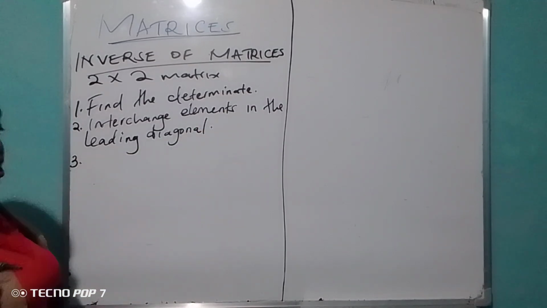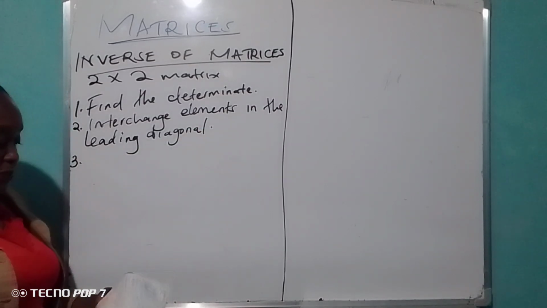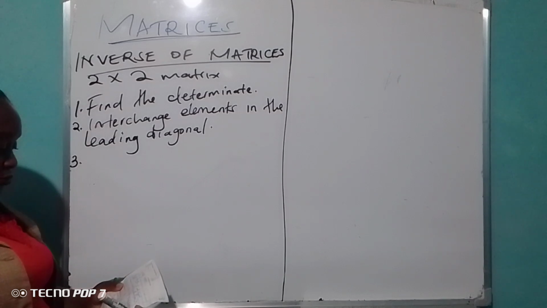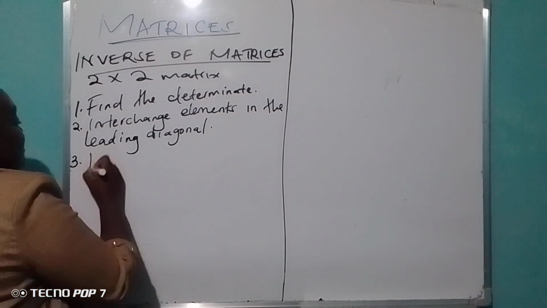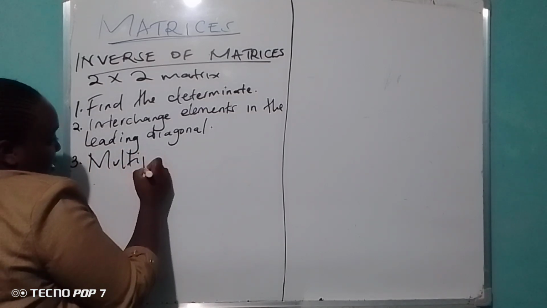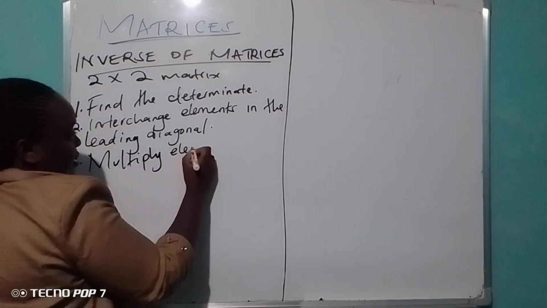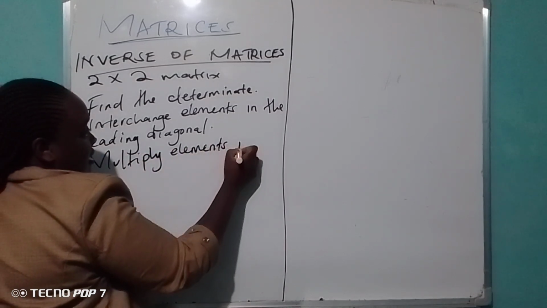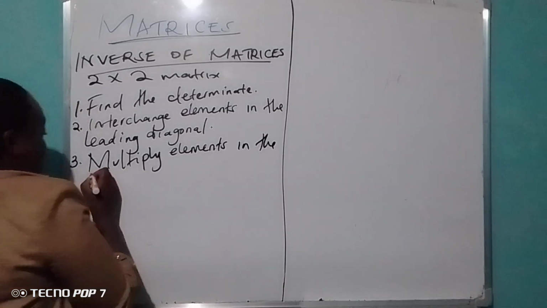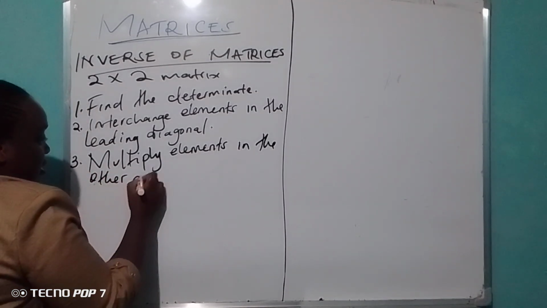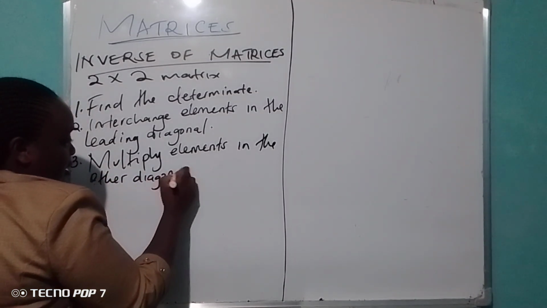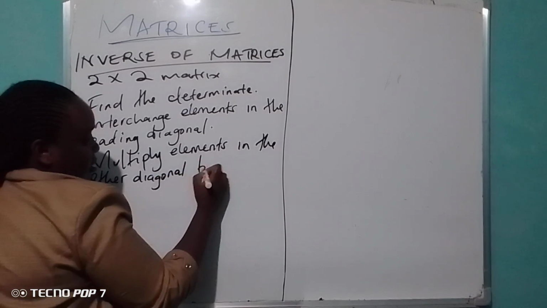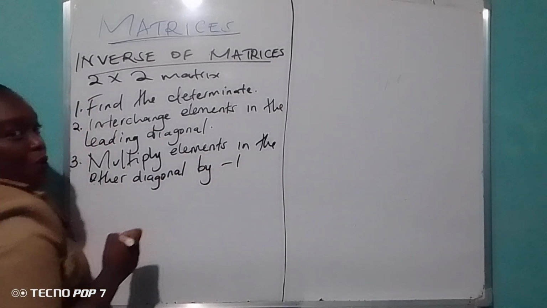Then number 3, you'll multiply elements in the other diagonal by -1.